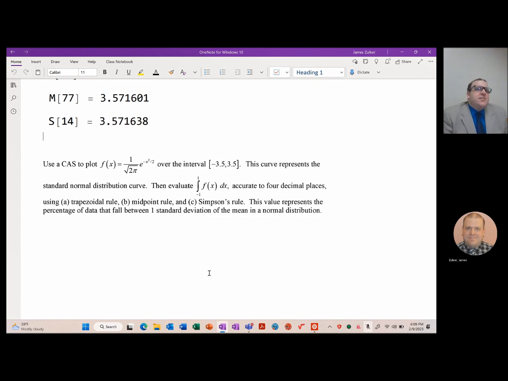If you studied statistics, you know how important that curve is. We will then evaluate the integral from -1 to +1 of f of x, accurate to 4 decimal places, using the 3 rules.